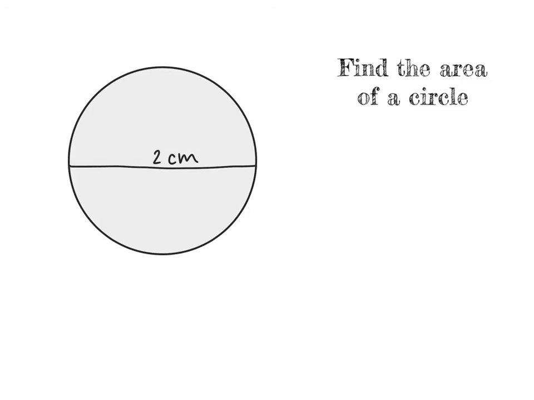Okay, next question here. Need to find the area of a circle. So let's remind myself, area is equal to pi times my radius squared. Now, what do I know about this circle? I know that this circle, it doesn't have a radius. It actually has a diameter here. Okay, so let's write that down. Diameter is equal to 2 centimeters.